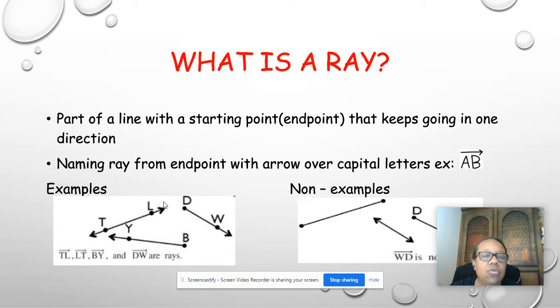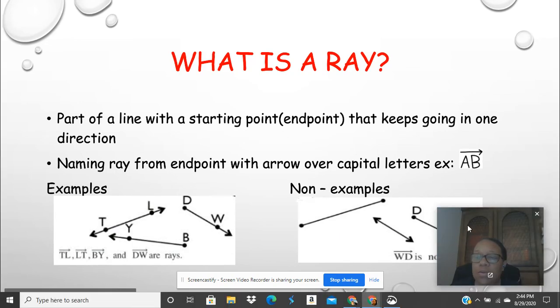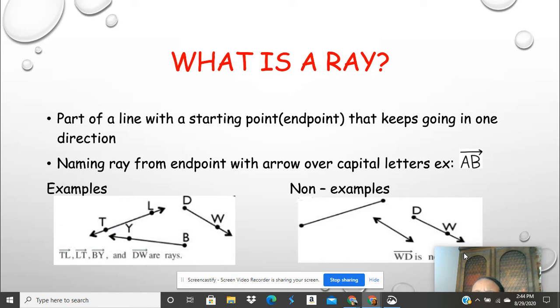On this one, you can do it either way: LT going that way is one ray, and TL going that way, because there are arrows on both ends. On this one, there's only one way you can write it: B is the starting point and Y, so it's BY with the arrow above it. One thing you would not do on this one right here is WD. That's a line segment, not a ray. The ray is DW going this direction.